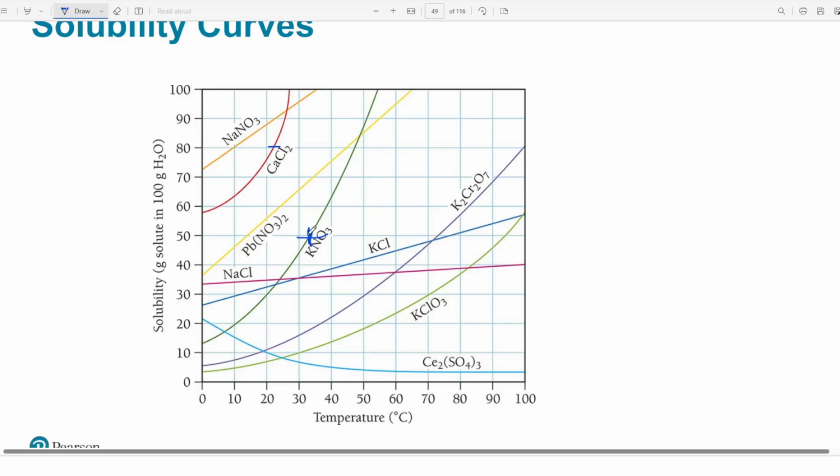If it has more than 50 grams of potassium nitrate per 100 grams of water at, let's say, around 34 degrees C, then it would be supersaturated.